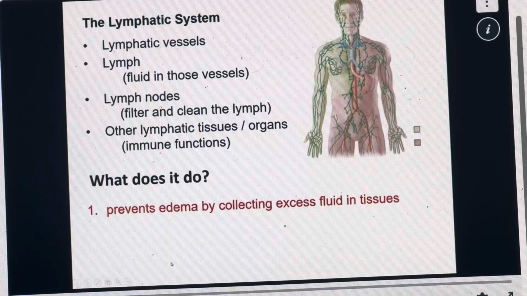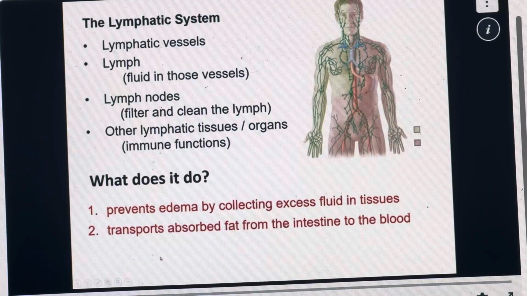By collecting the tissue fluid and returning it to the bloodstream, it actually prevents edema or swelling within the body tissues. Lymphatic vessels also play an important role in absorbing fat from the intestine and then transporting that into the blood.